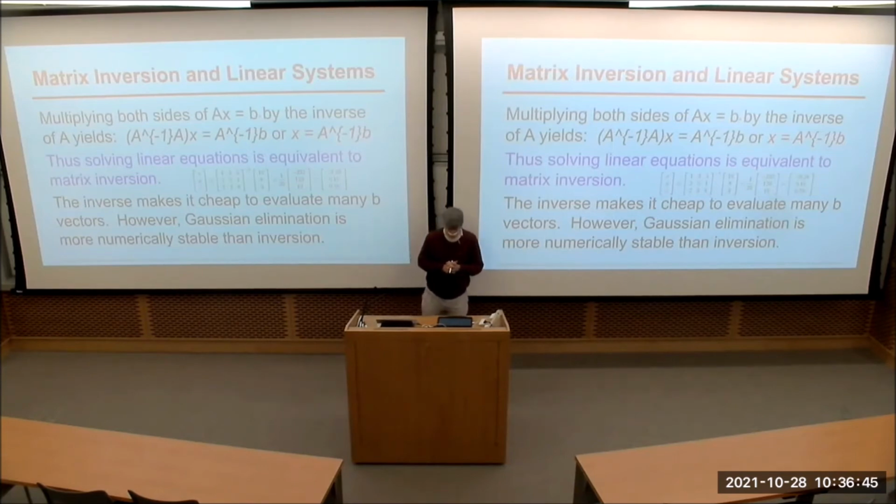Now, what other good things are true about the inverse of a matrix? Well, if we take AX equals B, this is the classic statement of a system of equations. What is A?